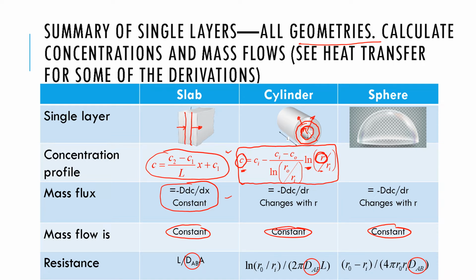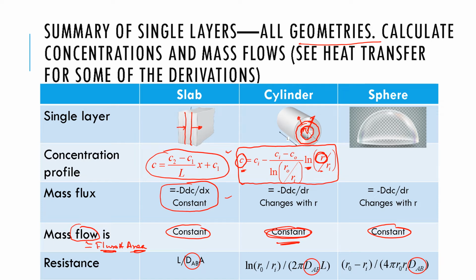So the flow has to be constant, but as you increase radius, the surface area changes. Now flow is equal to flux times area. So if the area changes here, then the flux would have to adjust. If this changes, then this has to change to keep the mass flow constant.